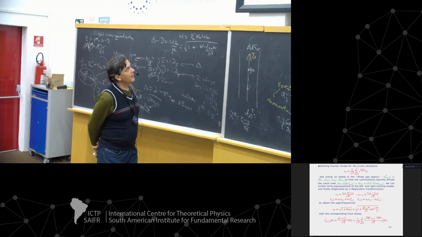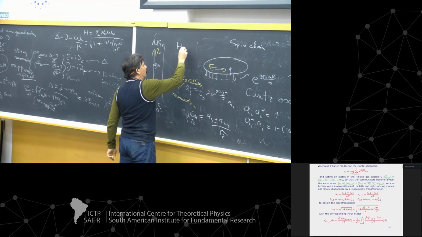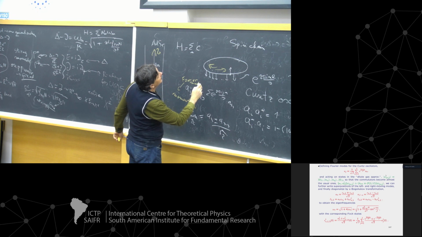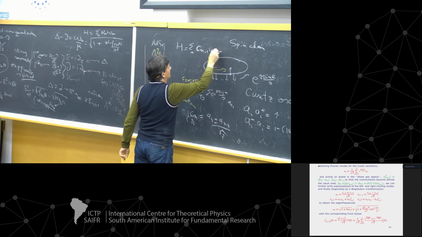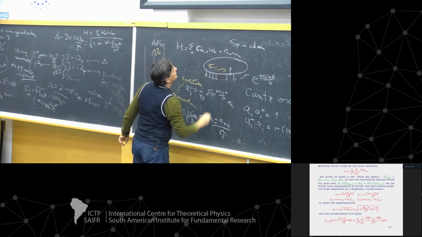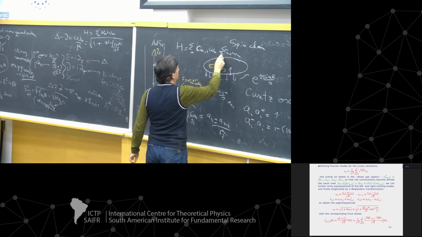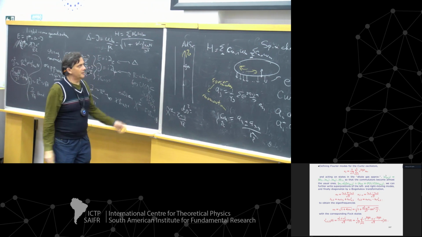Once you do that, you obtain in the end just a free Hamiltonian. So H is a sum over n of C_n1 omega_n plus C_n2 omega_n. So omega_n is actually the same. So the Hamiltonian is just a free Hamiltonian.